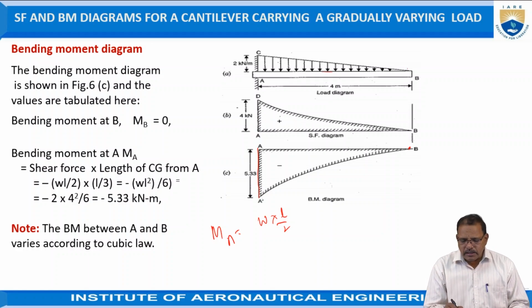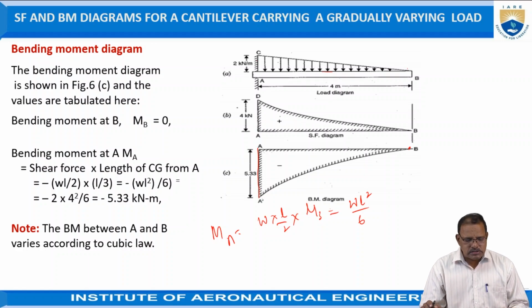It acts at the center of gravity of the triangle, which lies at a distance of h by 3 from its base, that is L by 3. So the moment is WL square by 6.